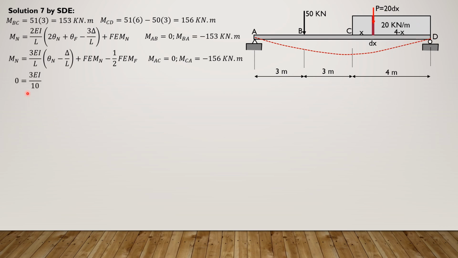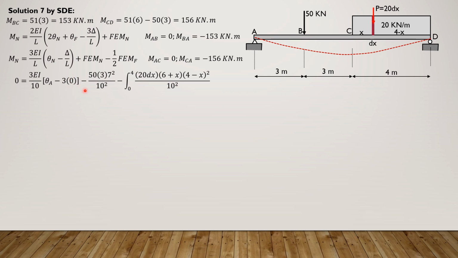So moment AD equals, because the far end has 0 moment, we use the other formula, 3EI over L, 10, the distance AD, times theta A minus 3 delta over L. Delta is 0 because A and D remain on the support, so the chord joining them is horizontal.